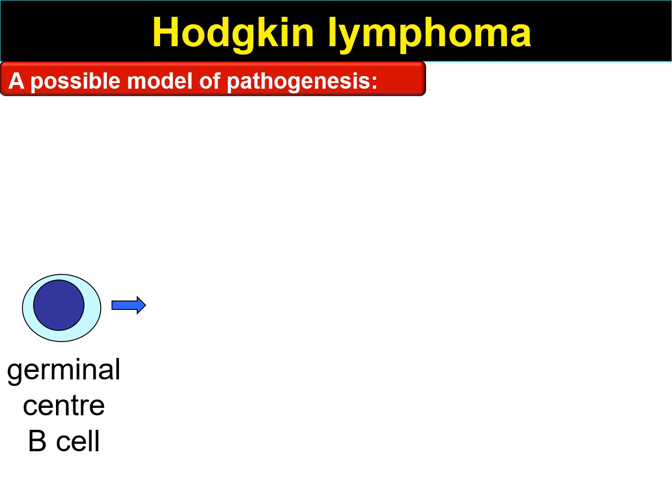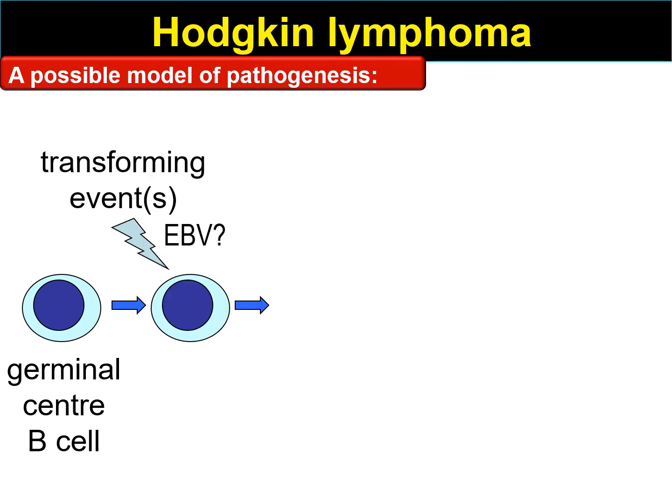Now, the series of events that lead to the formation of this Reed-Sternberg cell are like these. When there is a germinal center B cell, it is transformed due to any event that can be familial or non-familial, viral or other.